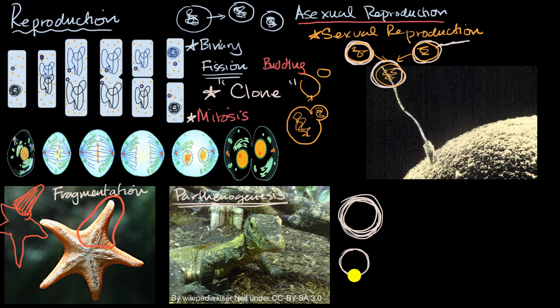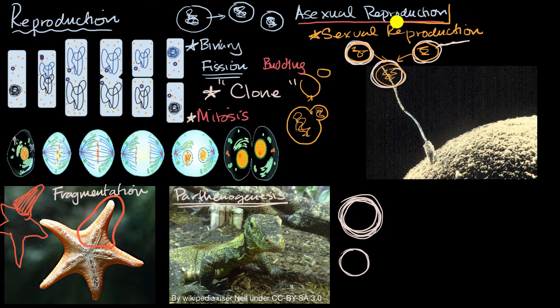We'll talk about this in future videos. This would be a haploid cell. It has half the genetic information of its parent. But the haploid cell in certain cases can develop into a full organism. And there are organisms like Komodo dragons that can reproduce both with parthenogenesis, which would be asexual, and in certain cases with sexual reproduction. So I'll leave you there.